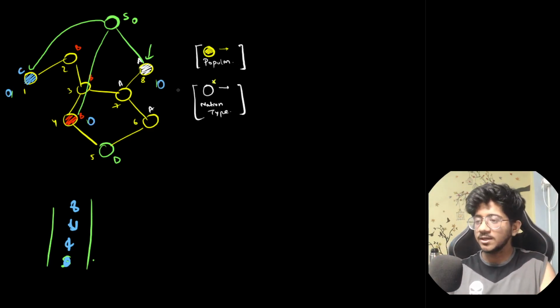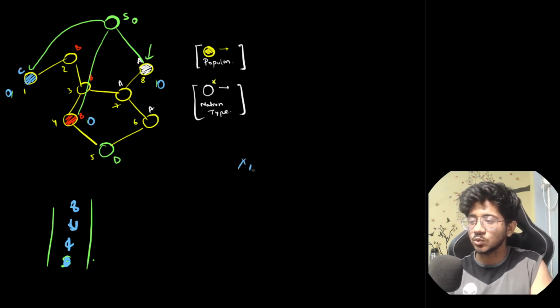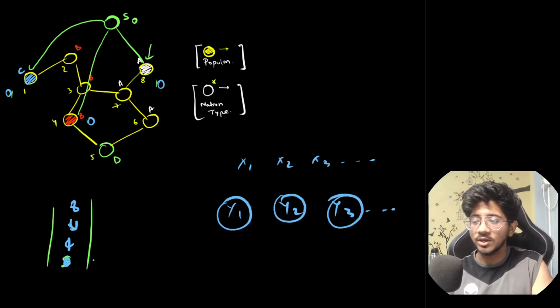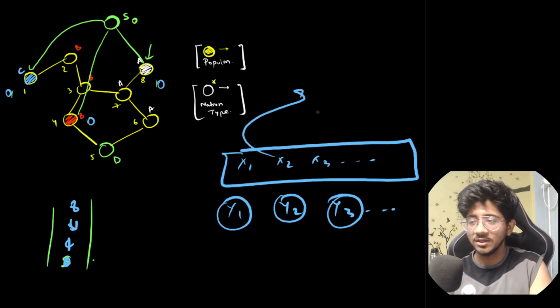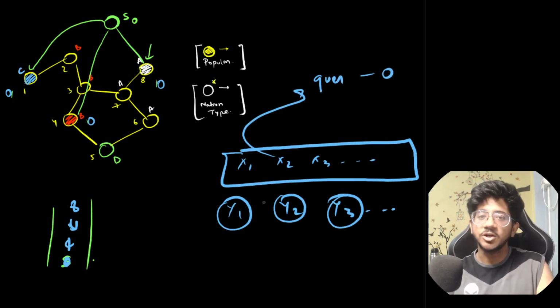So this is the way in which the single source shortest path idea works for all the sources that are there. Let's say there is a bunch of nodes x1, x2, x3, and there are a bunch of nodes y1, y2, y3, and for each of y1, y2, y3, you want to find the closest node from this particular set. The way we work with this is, put all of these nodes into the queue at a distance 0 and then start a BFS.